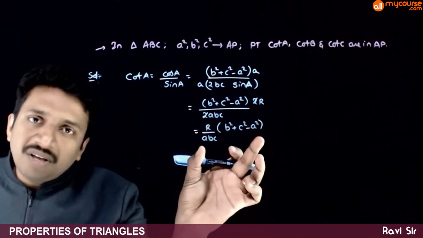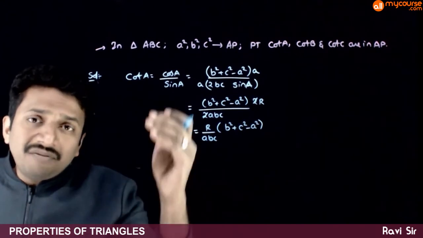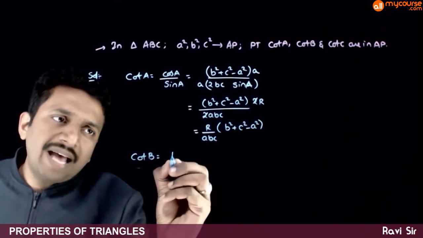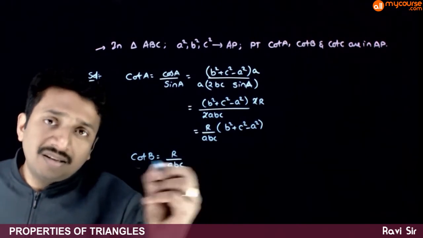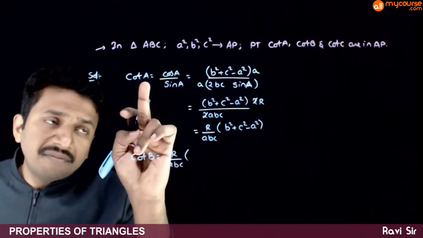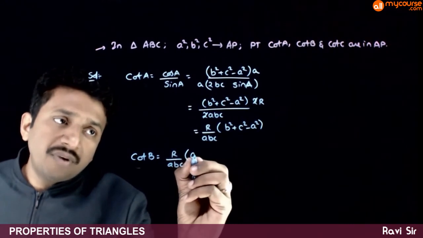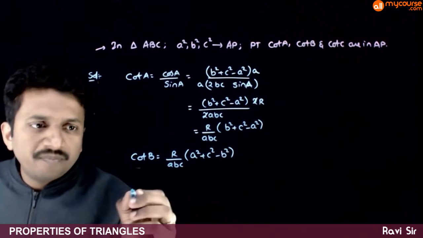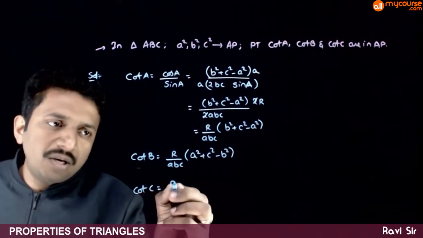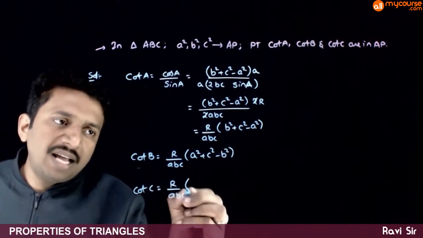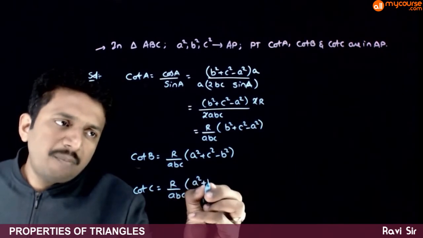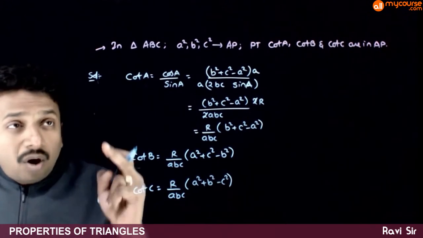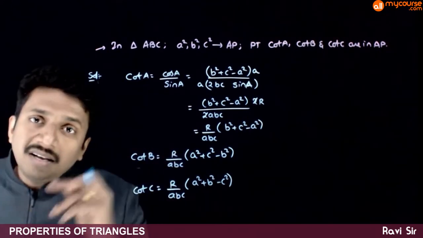Cot A in terms of a, b, c is this. Similarly, if you do the same derivation, cot B can be proved as R by abc times (a square plus c square minus b square), using symmetry. And cot C will be equal to R by abc times (a square plus b square minus c square). So now what you need to prove is that these three are in AP.